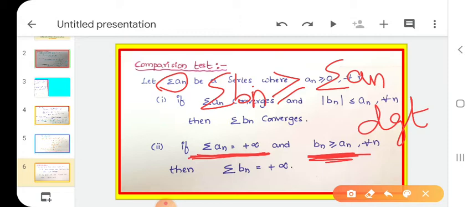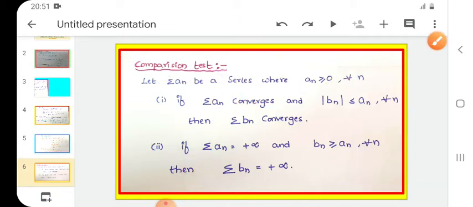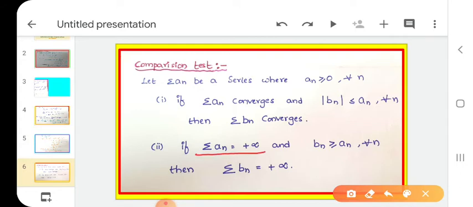That means bn is larger than an, and an is smaller and divergent. If the smaller series is divergent, then automatically the bigger series is also divergent. See here, summation an is divergent, plus infinity means divergent, and bn is greater than an, so bn is also divergent.